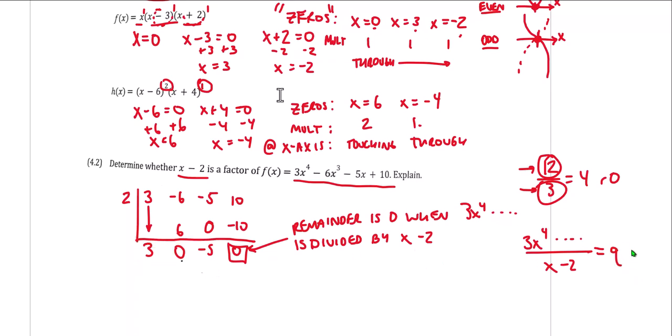But it gives us some quotient and then the remainder of 0, which means that this denominator is a factor of this numerator in the same way that when we get a 0 up here, we know that 3 is a factor of 12. The 3 goes in evenly to 12. So remainder is 0 when 3x to the 4th and so on is divided by x minus 2. So x minus 2 is a factor of the polynomial.